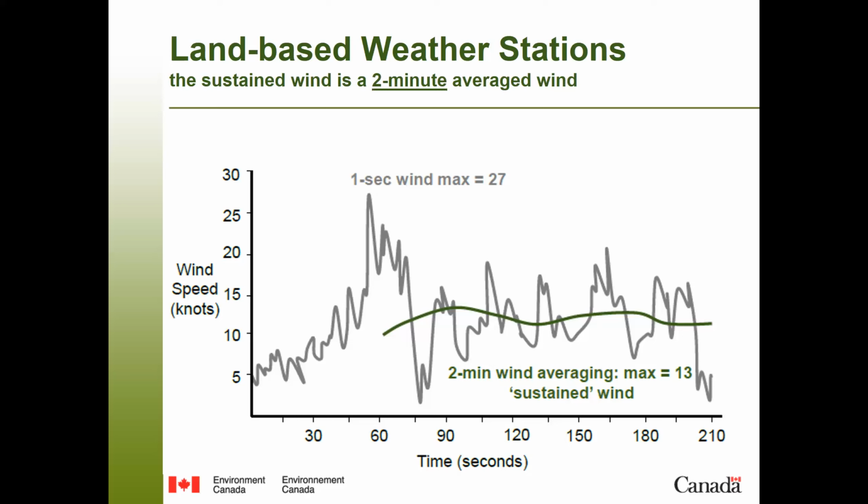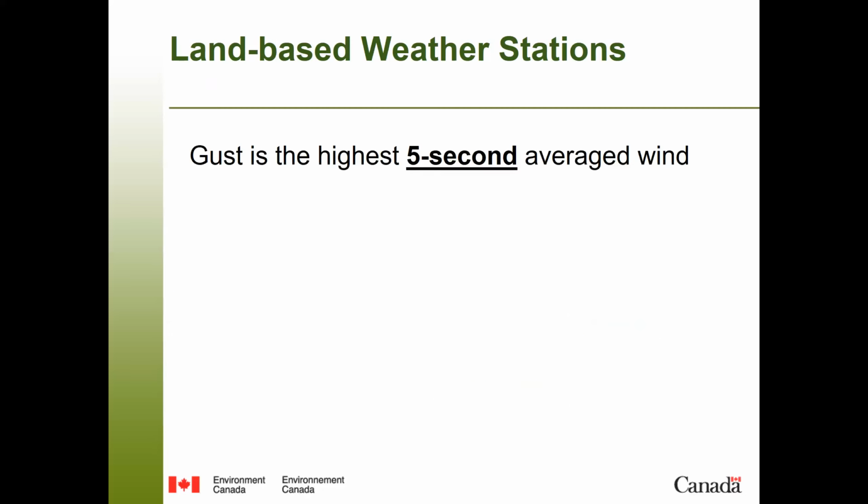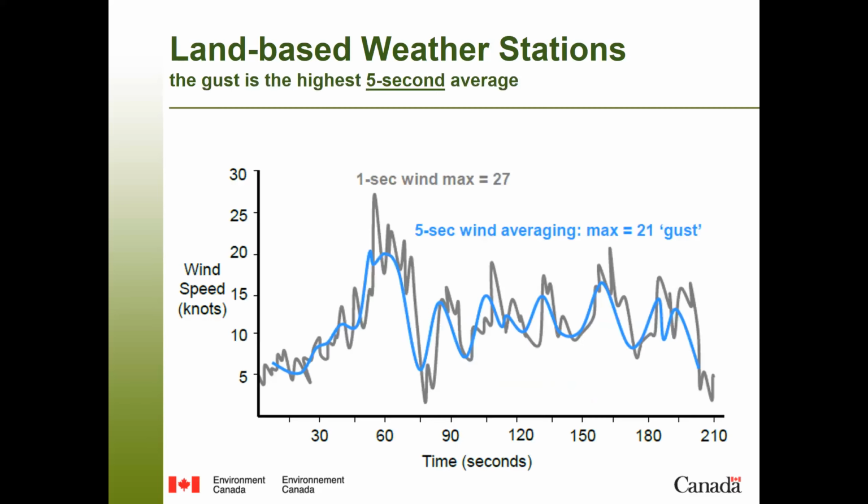And that's where gust wind comes in. So 2-minute average for the sustained wind. How do we capture, or at least try to capture, that 1 second max peak? Well, the gust is the highest 5-second averaged wind. So we can capture that a little bit. We get most of it, I would say, based on this kind of sampling.